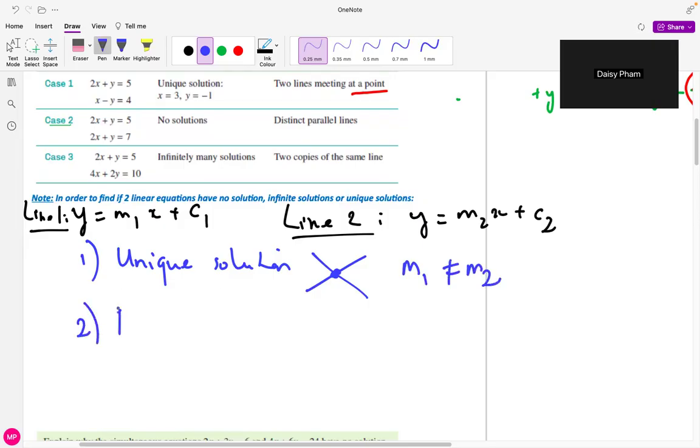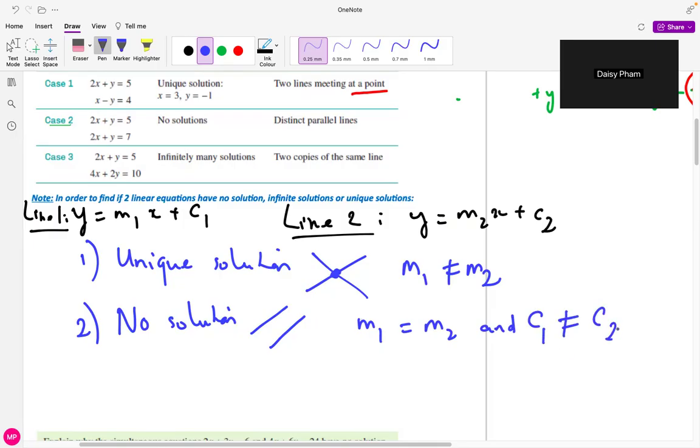Now, if I have no solution, the lines are going to be parallel like this, so they never cut. For that to happen, m1 equals m2, so they have the same gradient, but the y-intercepts have to be different, so c1 is not equal to c2.